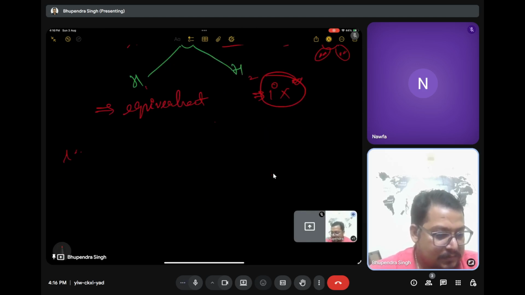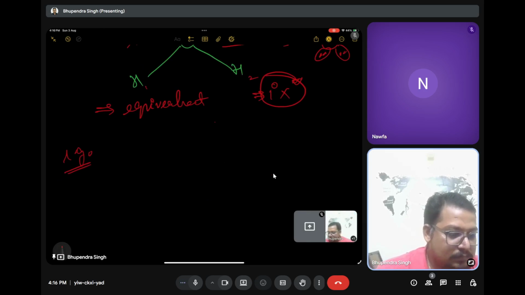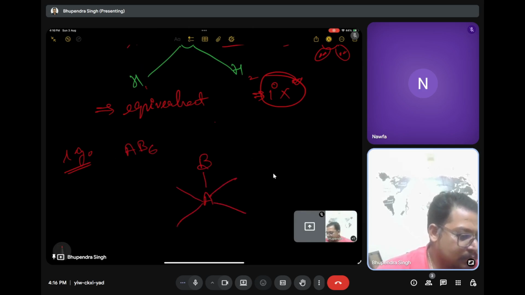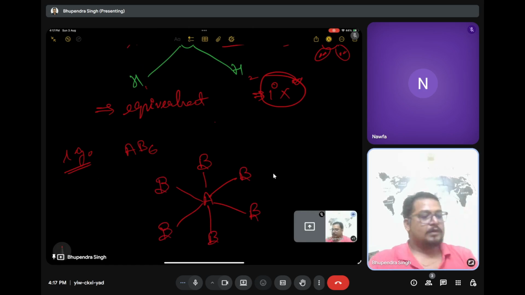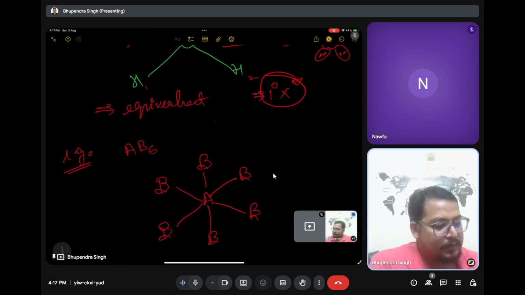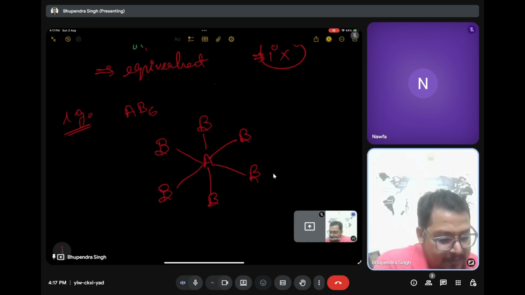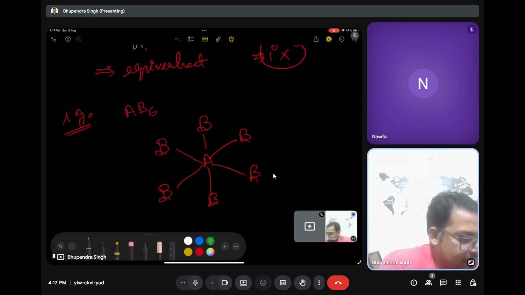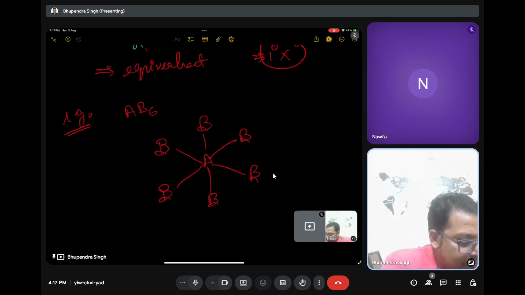Let's take one simple example, SF6. Here, if we want to apply the center of inversion, let's say at this place, what will happen?